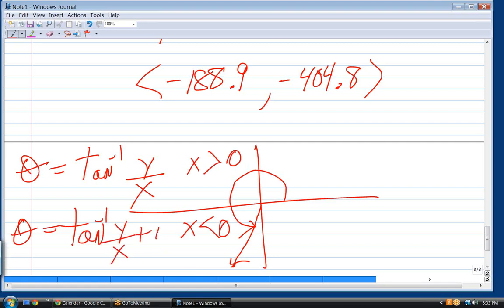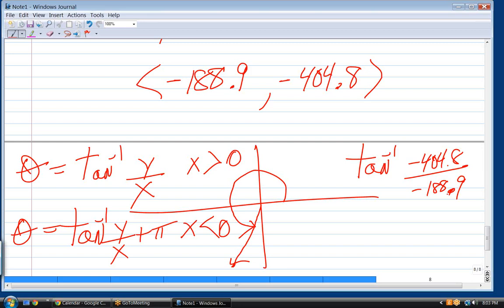That is our case, right? So yes. Find the inverse tangent of minus 404.8 divided by minus 188.9.